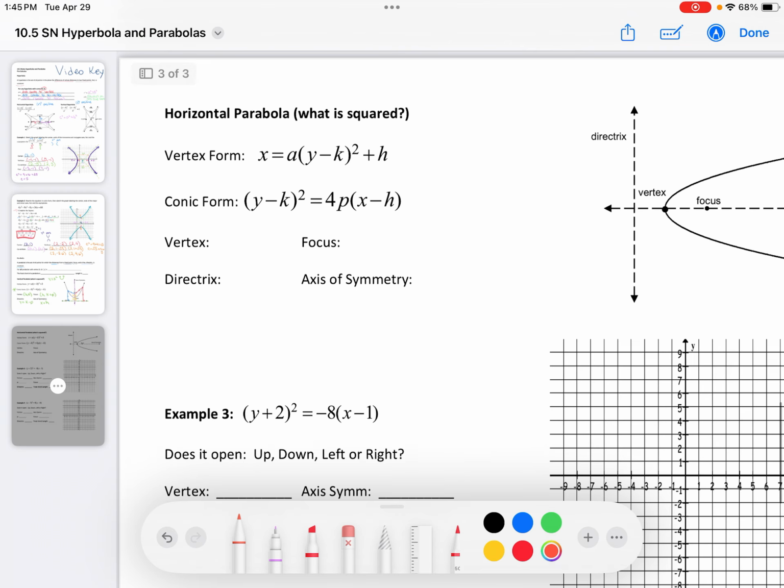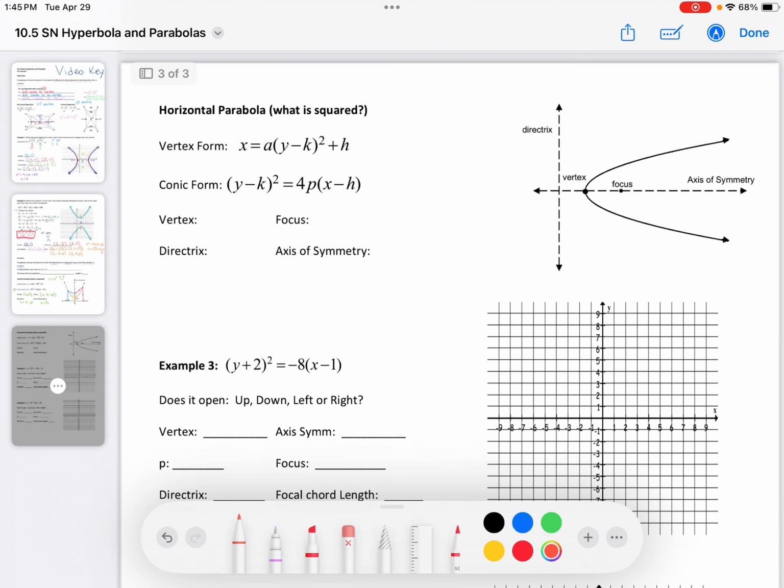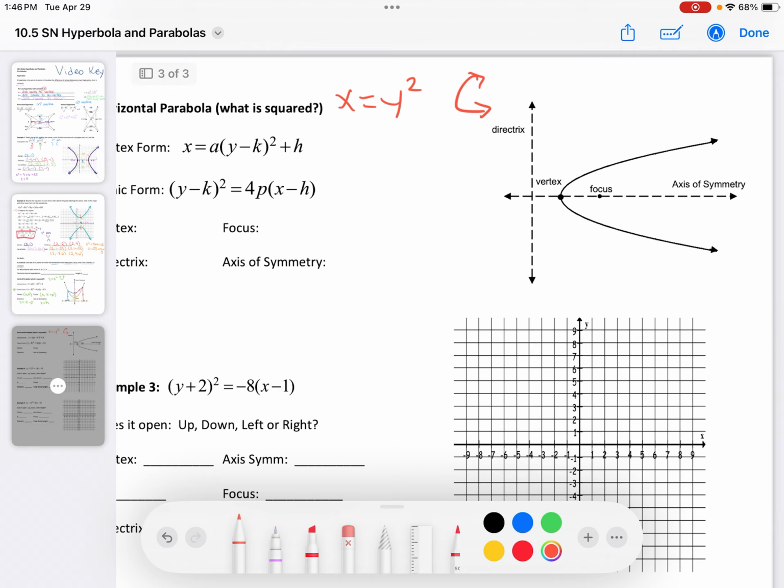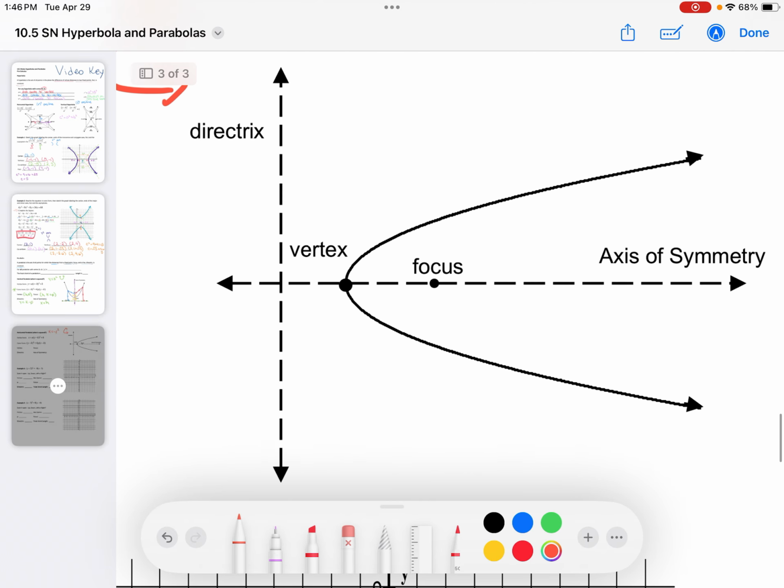Now, you see on the next page, we see a horizontal parabola going sideways. Okay, this is an x equals y squared parabola. That one opens sideways, left and right. It's like it fell over on its side. So, same idea applies. We have a vertex.